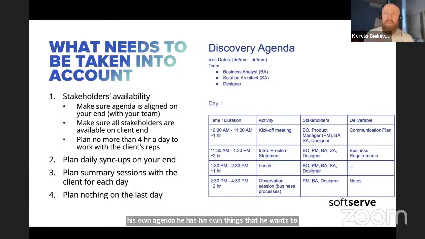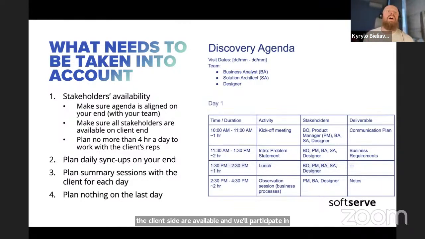But at the end of the day, you will have to align with whatever team you have for the discovery, on the meetings and sessions you want to have with the client. What you need to take into account first of all is the stakeholders' availability. This comes back to the comment that we had earlier. We need to make sure that the key stakeholders on the client side are available and will participate in the sessions.